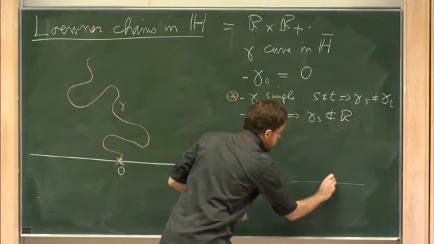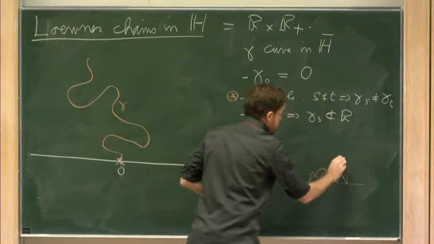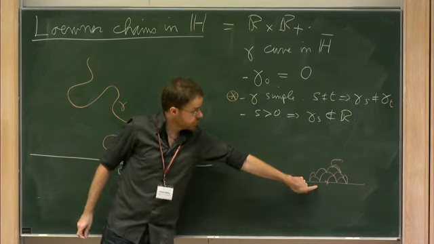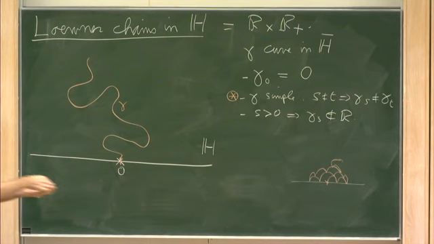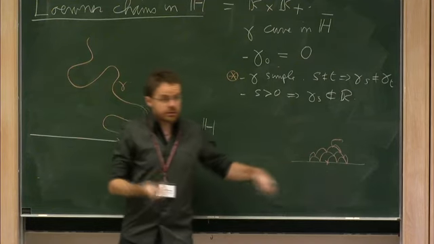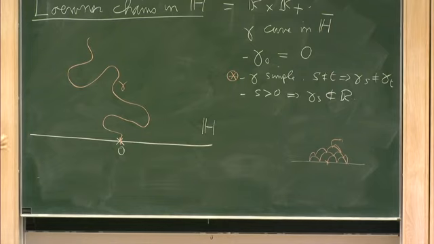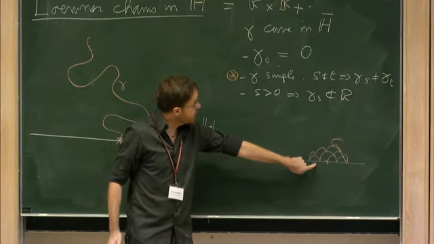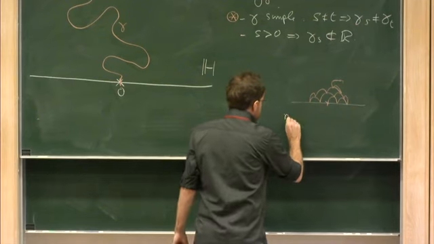So it will start here and it will touch the boundary, it will touch itself. So this is the real picture that you should maybe have in mind if you think about percolation. So it's not a simple curve, but still, because it's an interface, at the discrete level it is a simple curve. In the dual graph we had a simple curve. It came back to distance delta of itself, but it was still simple. So what you get in the scaling limit is not necessarily a simple curve, but it's at least a non-self-crossing curve.